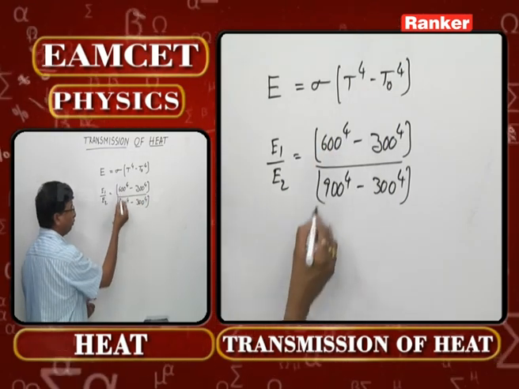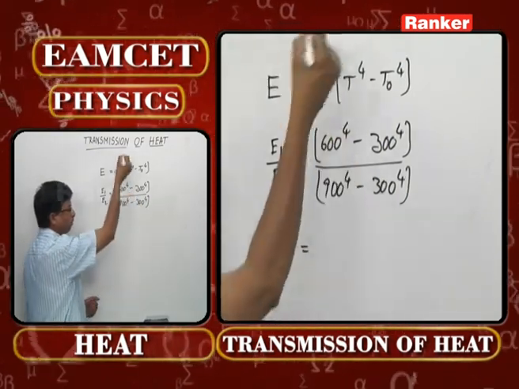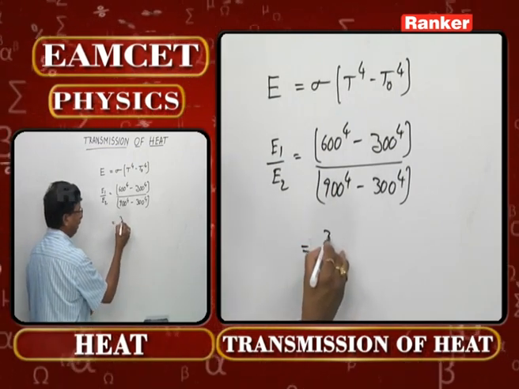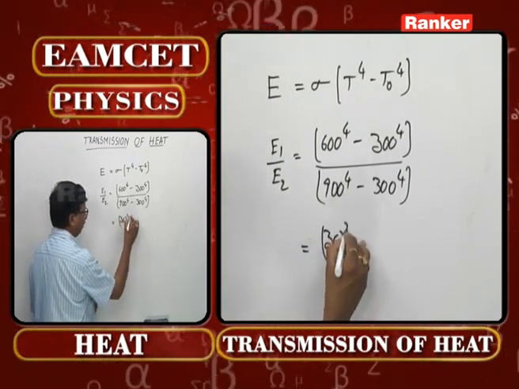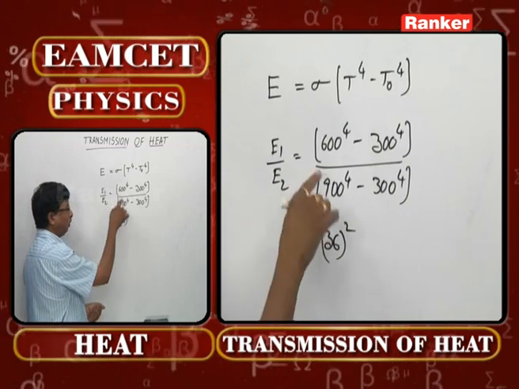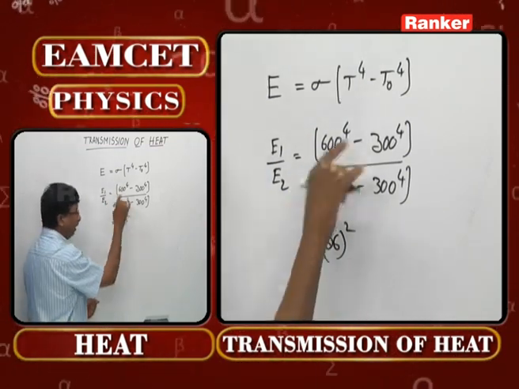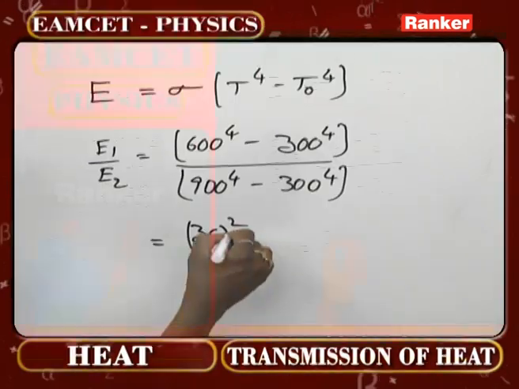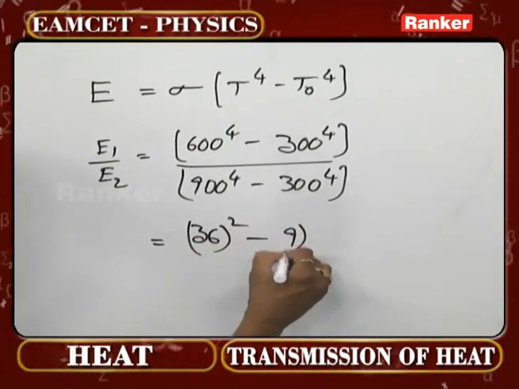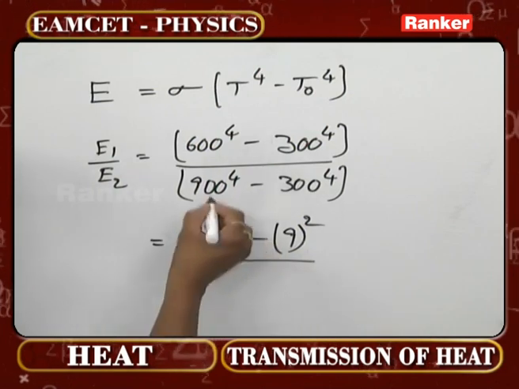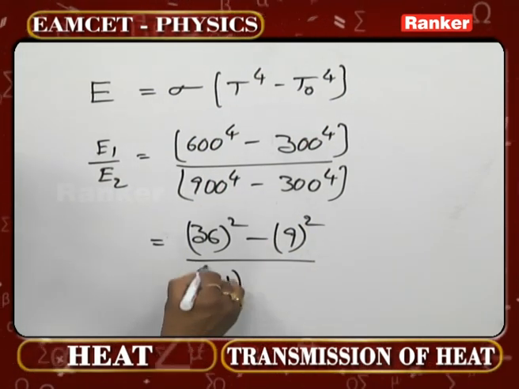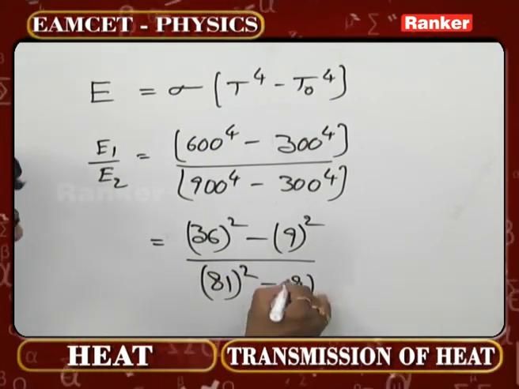So, how to write this one now? 6 square whole square, that is 36 whole square. I can write this as 6 into 6 into 6 into 6. 36 whole square minus 3 square, that is 9 whole square, by this one is 81 whole square. This one is again 9 whole square.